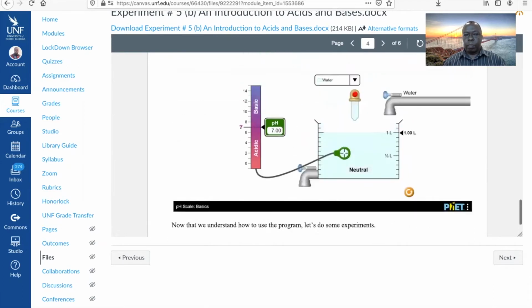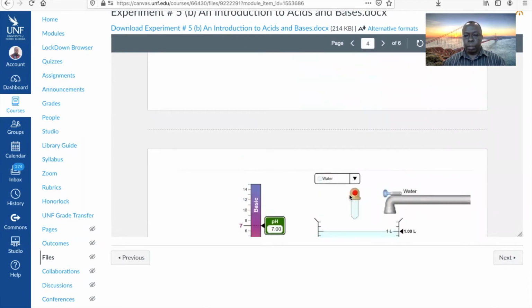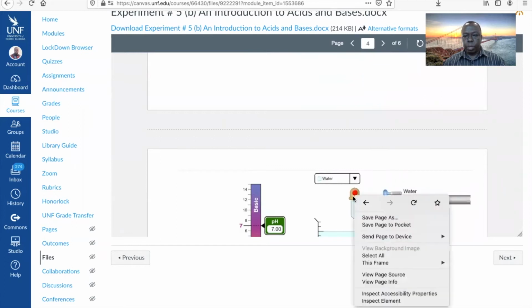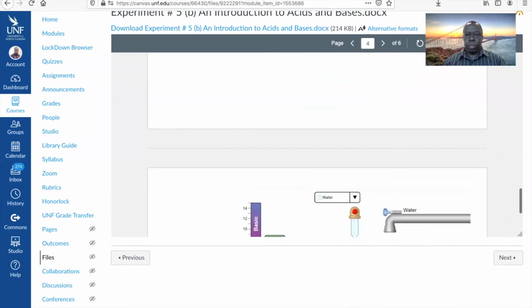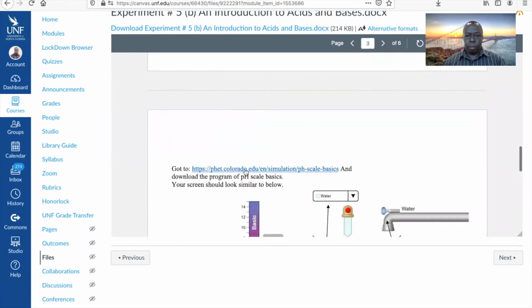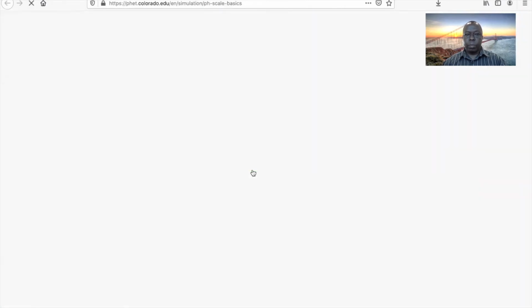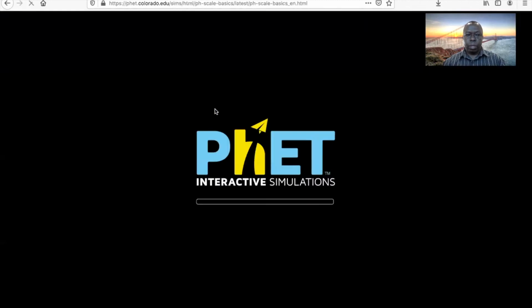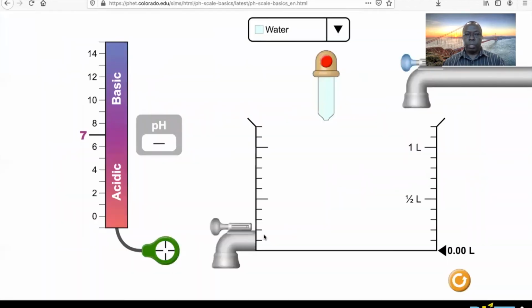Let's see, if we are talking about H2O, for example, I click this, it will load the simulation. This is the simulation. And if I pull this, you see the water is filling. If I pull, it's going to let the water fill all the way to one.